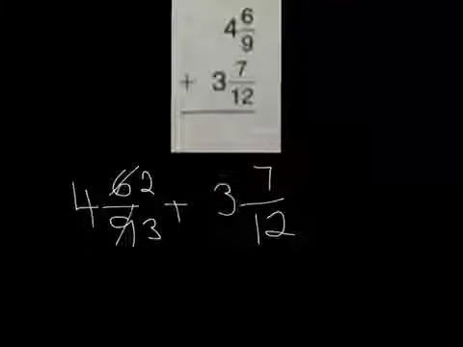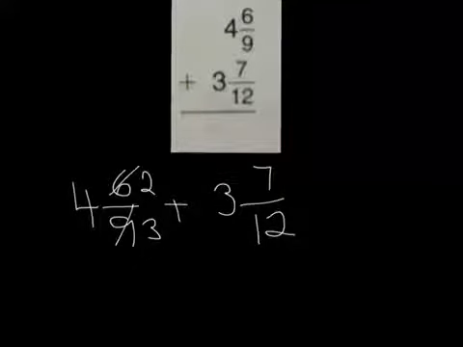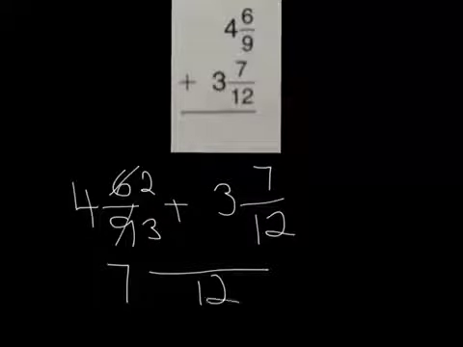Now I can go ahead and work the way I did the first one. 4 plus 3 is 7. And now I need a common denominator for 3 and 12. If you think it's 12, you're correct, because you can count by 3s and get 3, 6, 9, 12, and 12 is the first one when you're counting by 12.